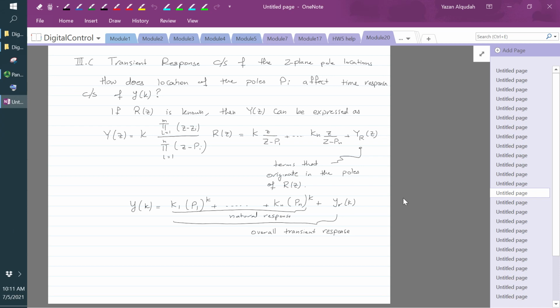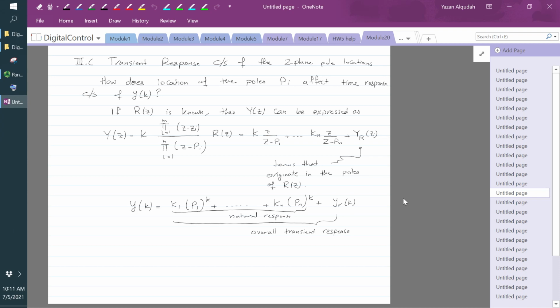Okay, so let's look at the transient response characteristics of the z-plane pole locations and look at how the location of the poles affects the time response characteristics of y of k.